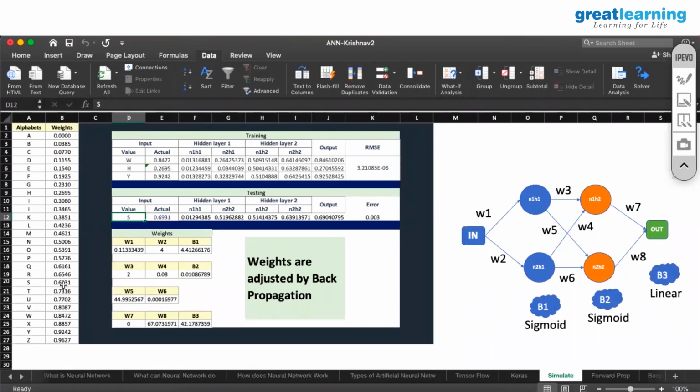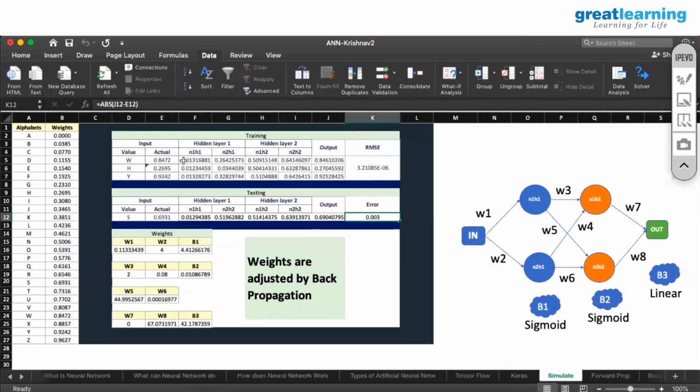What is the value of S? It is 0.6931. So when I give the value, automatically all the calculations are done, and the output that I get is 0.6904075. How did I get this? Using these weights. And the error that I currently get is 0.003, a negligible amount.